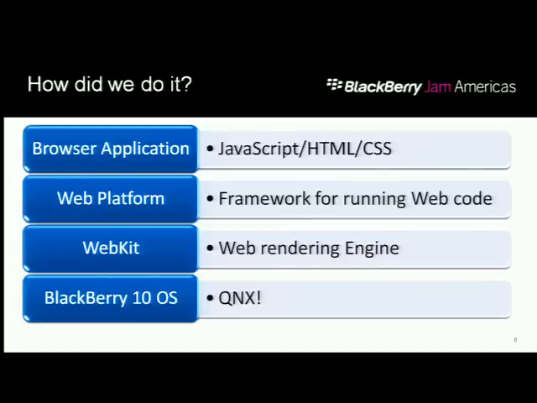And then we had our browser application. We couldn't really build it right on top because we had to provide some sort of way to communicate back and forth between native. And that's where the web platform comes in. And it's basically a framework for running web code. And I'll talk a little bit more about that in detail in a moment. And on top of that sits the browser application, which is 100% pure JavaScript, HTML, and CSS.